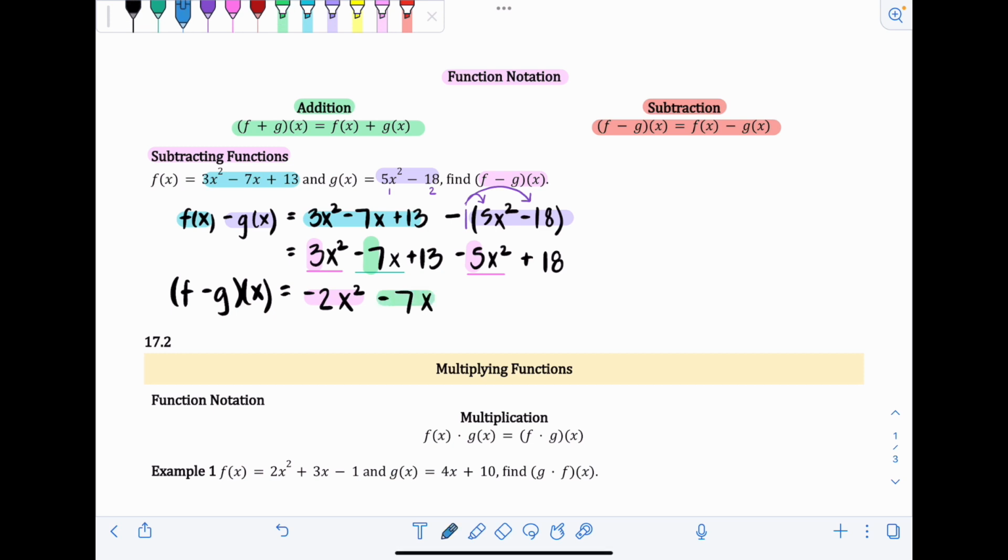And then I have my constant terms, the ones that don't have a variable. 13 plus 18 would be 31, so I would bring down a plus 31. Altogether I have f minus g of x equals negative 2x squared minus 7x plus 31.